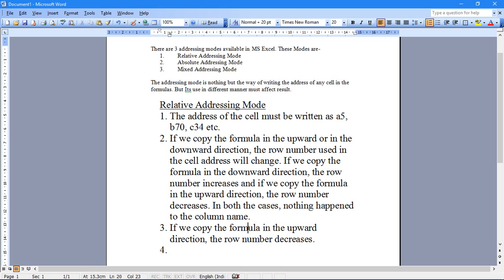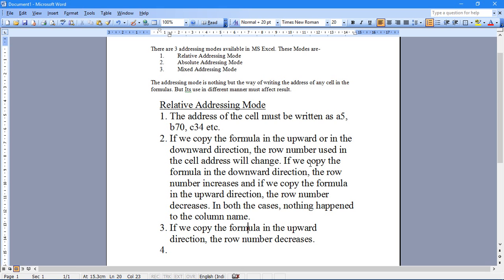Okay, I'm again explaining the relative addressing mode where the address of the cell is written like A5, B70, C34. If the formula is written in relative addressing mode, and if we copy the formula in the upward or in the downward direction, the row number that is used in the formula will change.